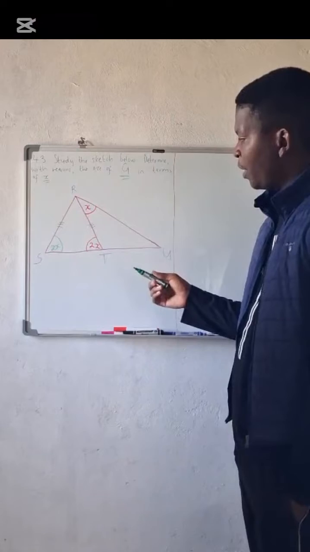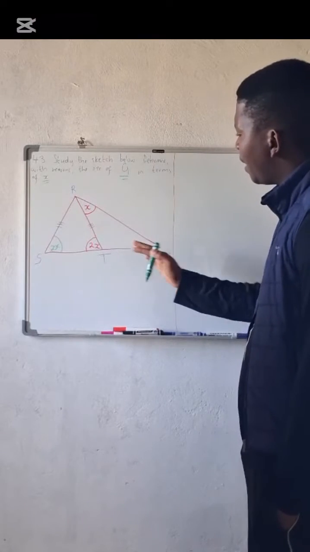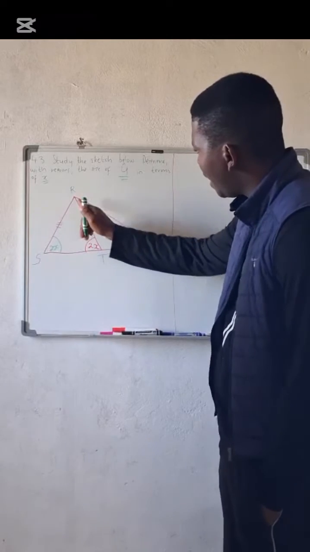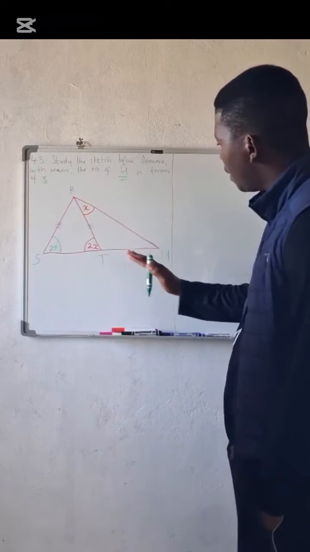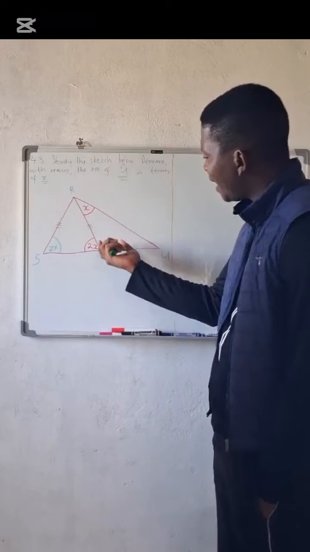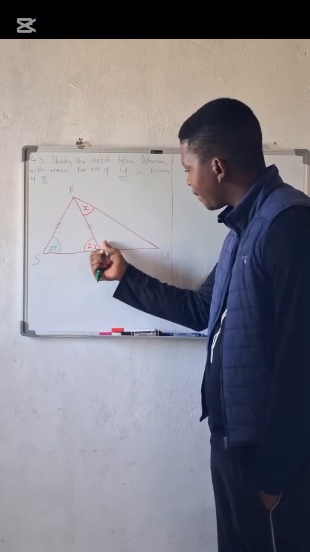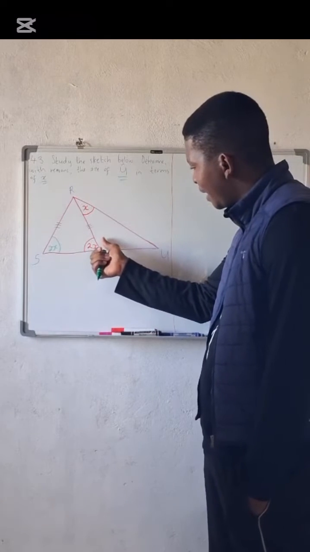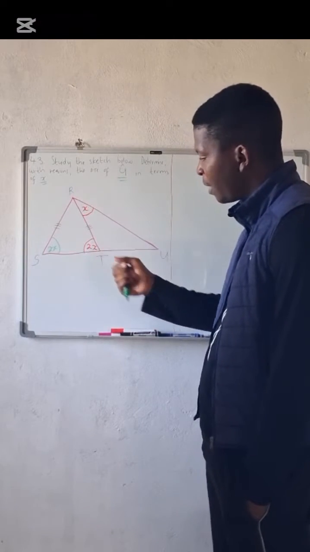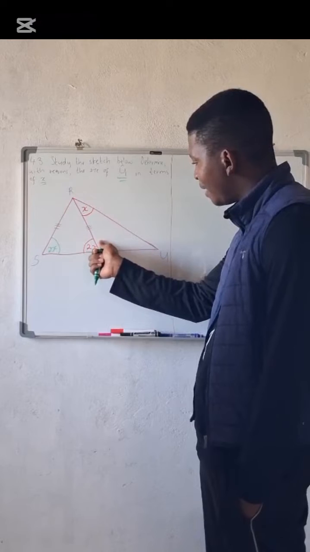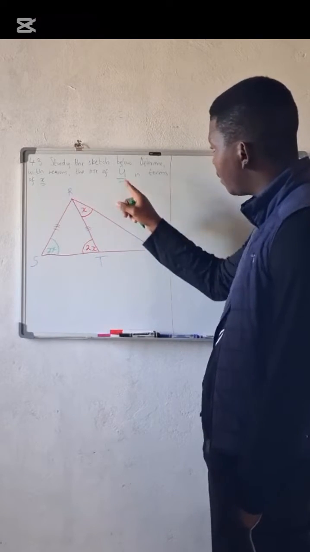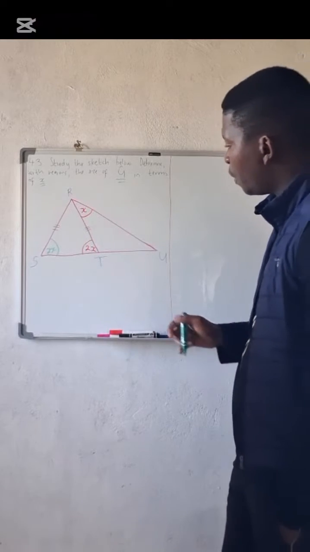So that is what I know so far. What I'm trying to do after this is provide information to triangle RTU as much as possible. If I can get an extra angle here, because I can't get it here, I'm looking for u. If I can get this angle, I will be able to find u, because we're looking for u.